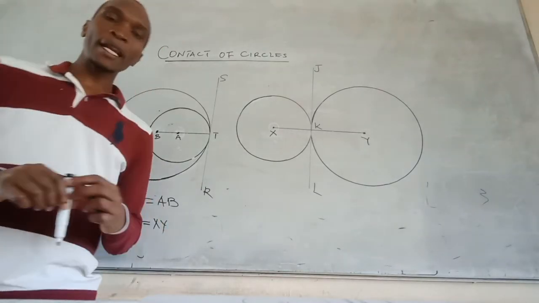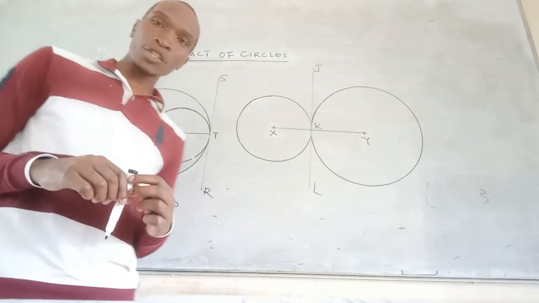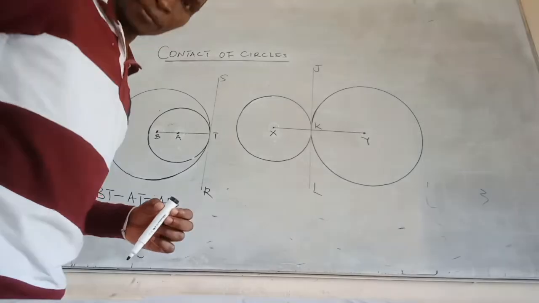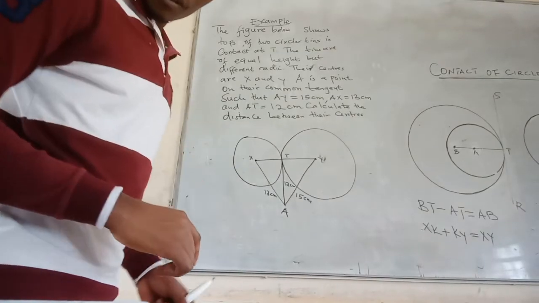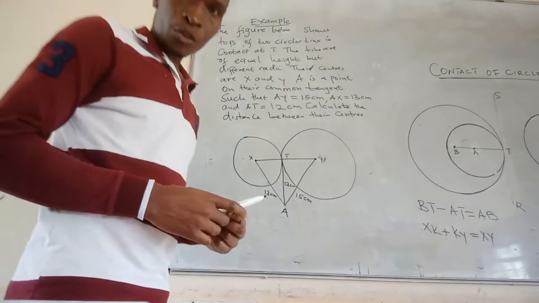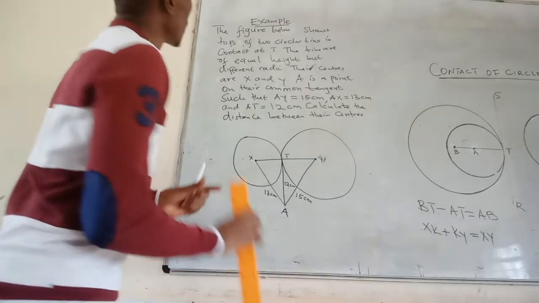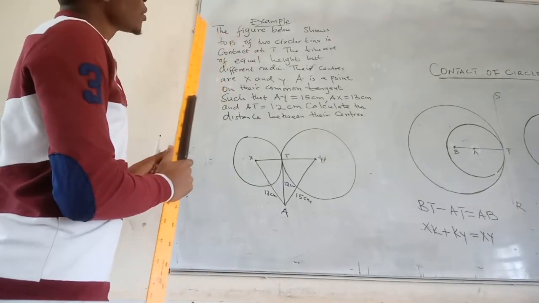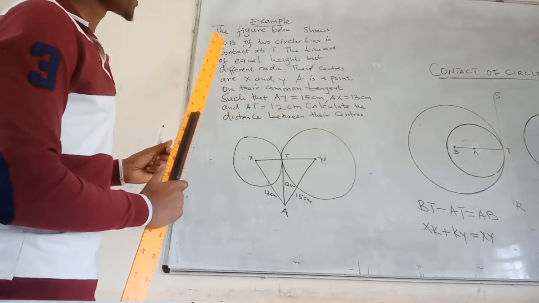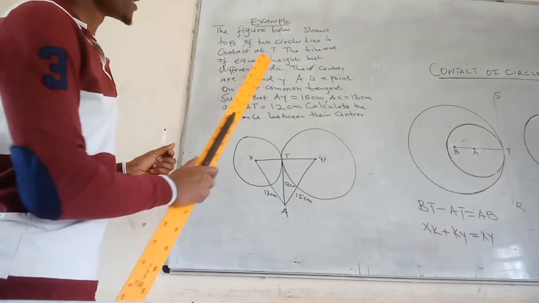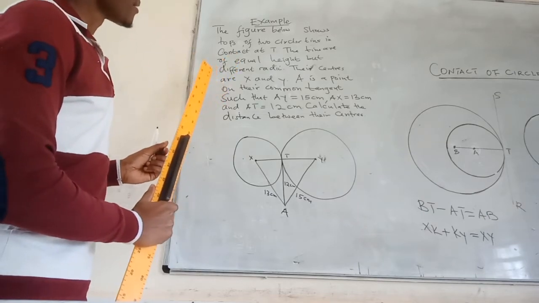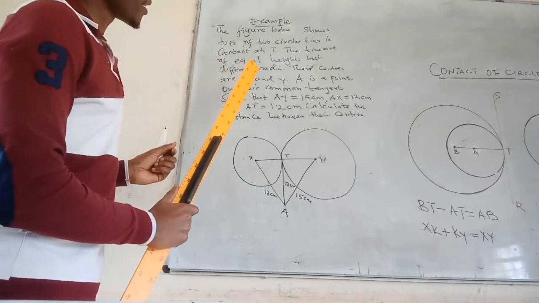Now, we want to take an example of a question that involves circles that are in contact. I'm going to read the question of this example. The figure below shows tops of two circular tins in contact at T. The tins are of equal height but different radii.